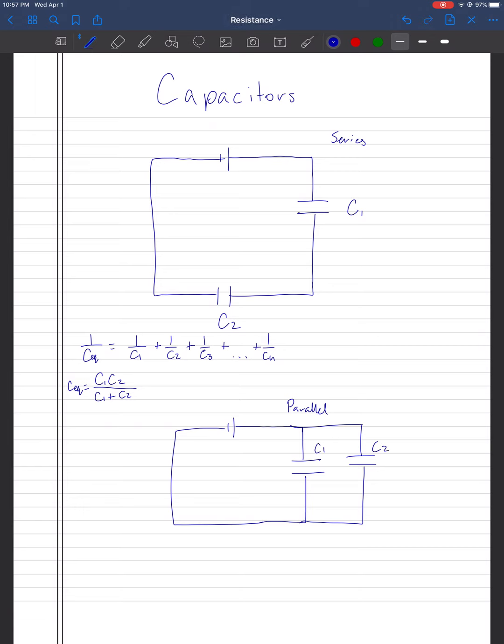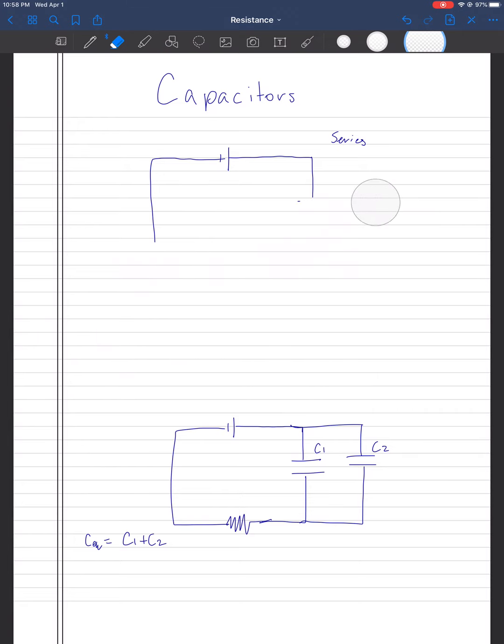My capacitance is going to be equal to C1 plus C2. Simple enough, right? Now let's say I want to add in another part and find the equivalent capacitance of the whole thing, right? I'm going to convert this to another circuit, and I'm going to say something like this.